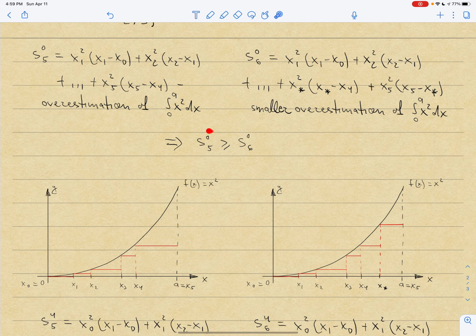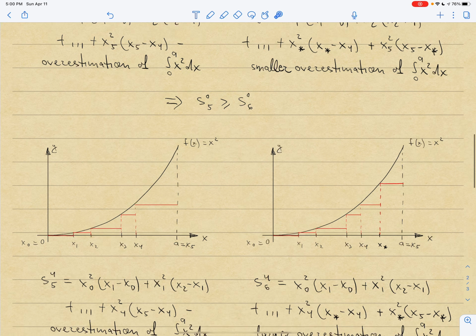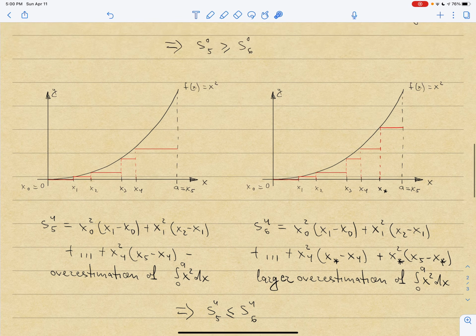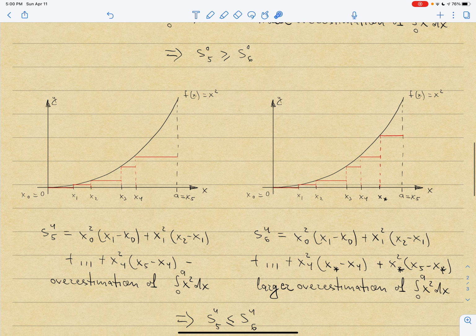Here S^O_5 and S^O_6 are overestimations of the area under the graph using 5 rectangles and then 6 rectangles. And superscript U means underestimations. So if I refine the partition, overestimations will decrease in size, underestimations will increase in size, so they will become closer to the actual value.